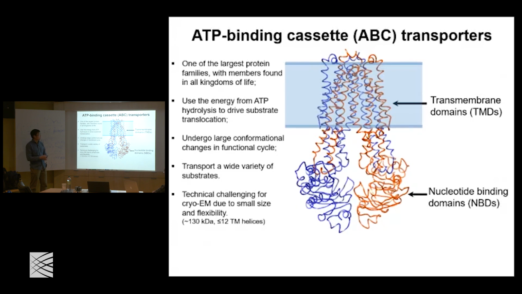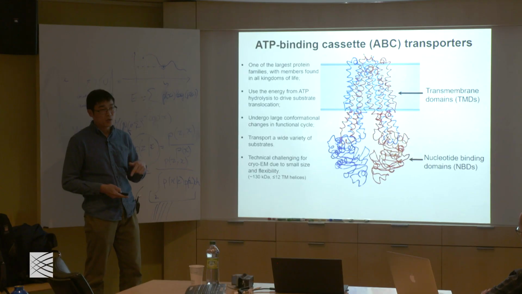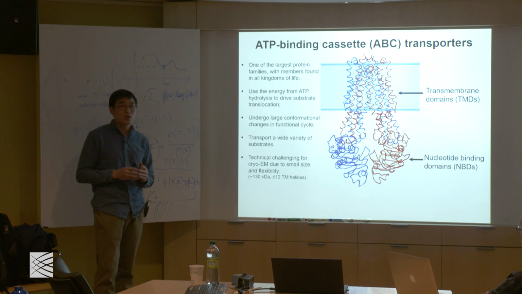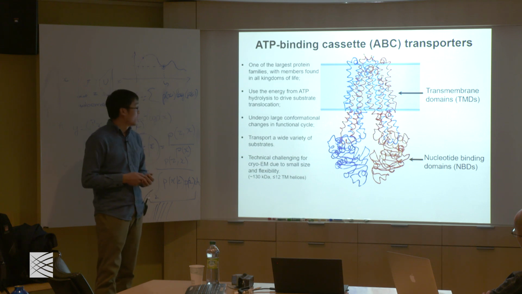The transmembrane domain is responsible for binding and translocating specific substrate. Different ABC transporters can transport different substrates. It has a certain range of specificity. It can transport ions, amino acids, sugars, lipids, and even small proteins.